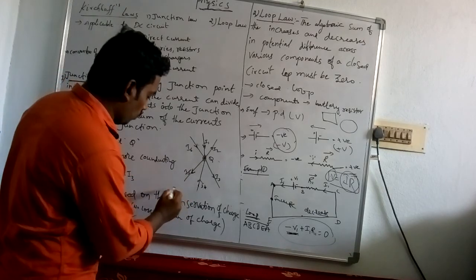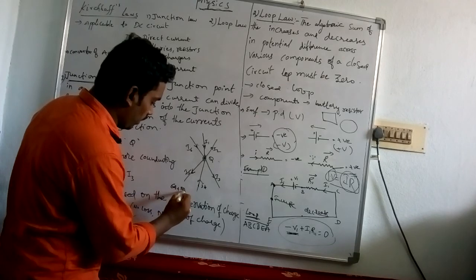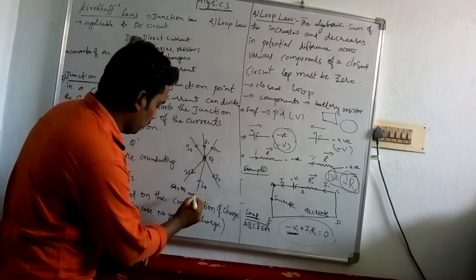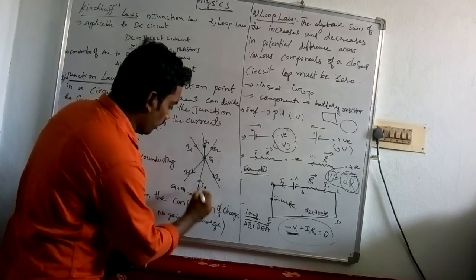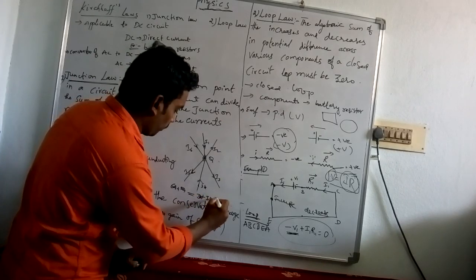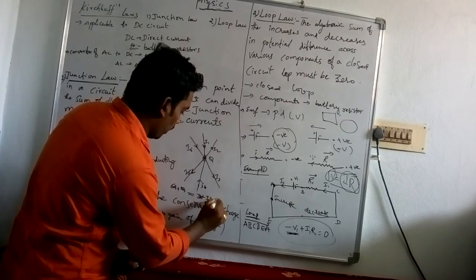Suppose there are 2 incoming currents, 6 amperes and 5 amperes. Then outgoing, suppose 3 currents: 3 amperes, 3 amperes and 5 amperes.